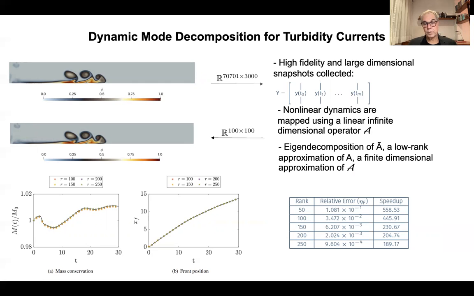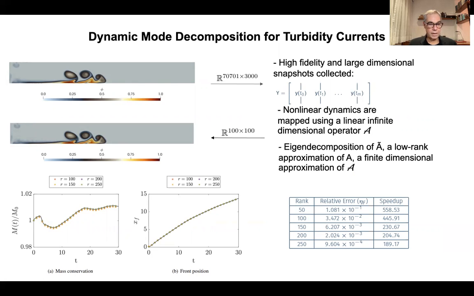And we use this in DMD theory, where the nonlinear dynamics are mapped to a linear infinite dimensional operator. And then we provide a low rank approximation, this is A tilde, and the Frobenius norm of the error for ranks from 50 to 250. You can see a reasonable error, and speedups ranging from 500 to almost 200 compared to the forward simulation.